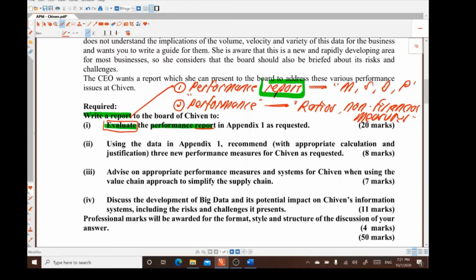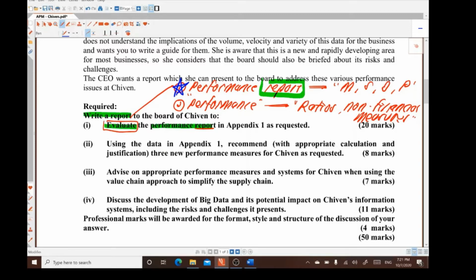Different models we are talking about, for example, the use of the balanced scorecard, that's what we call BSC, the use of the building block or the performance pyramid. So as a result, class, it depends on which part they want the students to look into. Most of the time, based on the exam questions, we could see the very first part is more commonly examined or tested in the exam.